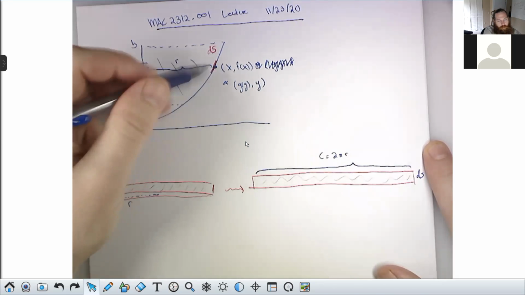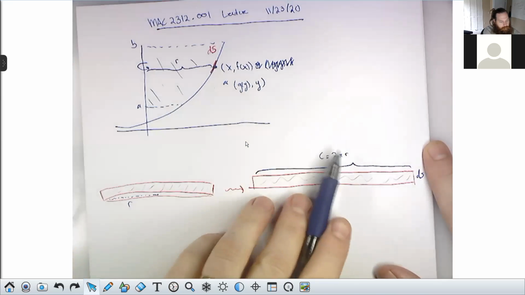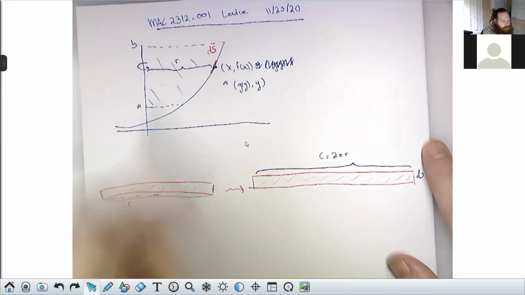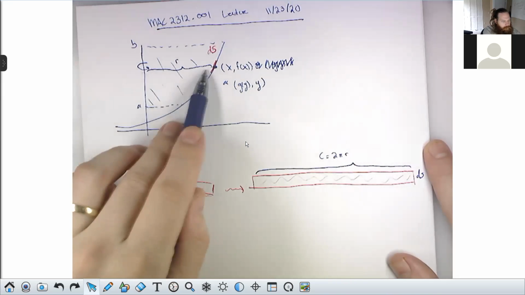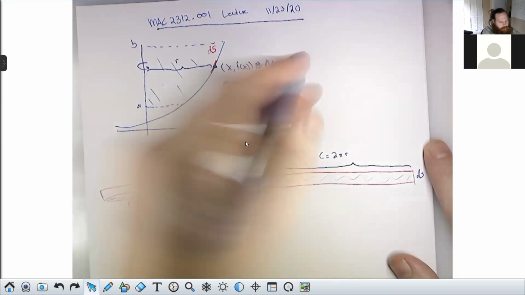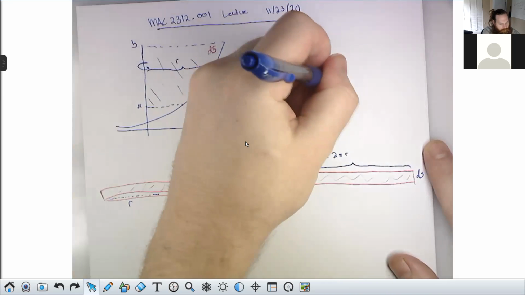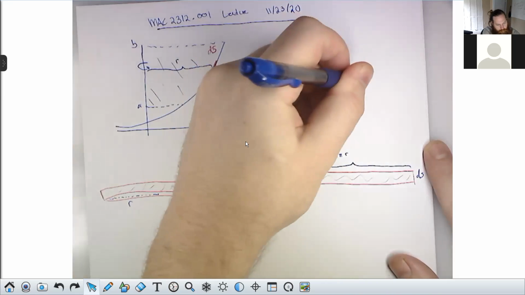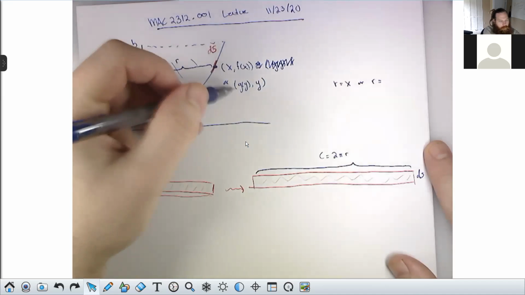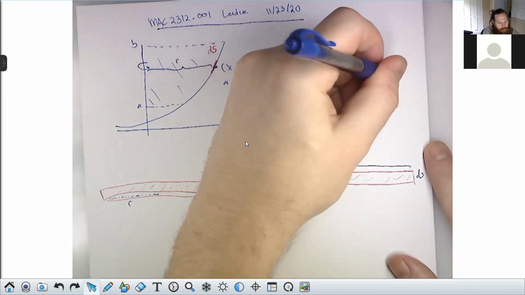So in our original formula, remember, we had 2 pi f(x), or 2 pi y, times ds. Now, this distance is the horizontal distance from the y-axis to this point, which you could say as r equals x or r equals g(y).